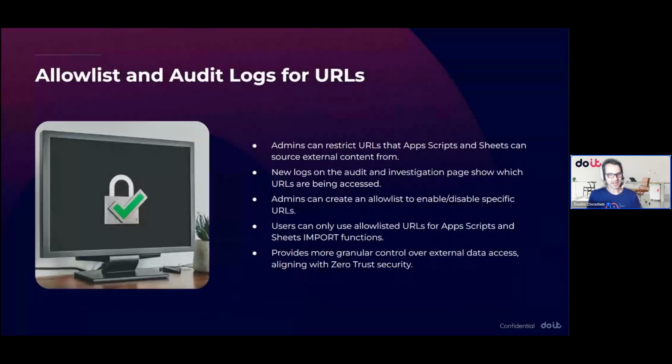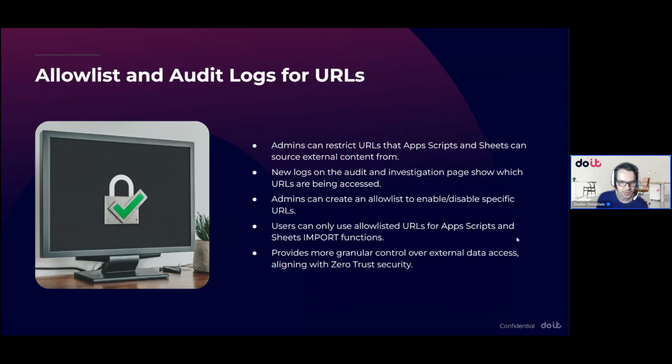All right, audit and allow list and audit logs for URLs. Admins now have controls to restrict URLs that are used in AppScript and Google Sheets that get data from external sources there. So new logs will be added to show which URLs are being accessed, and admins can create an allow list to enable or disable specific URLs.